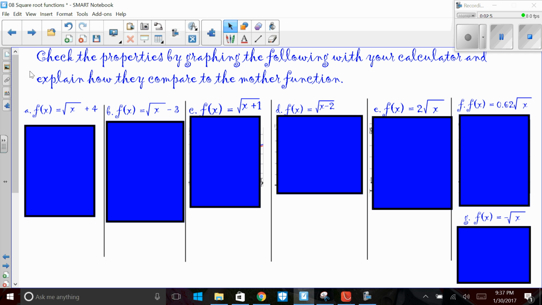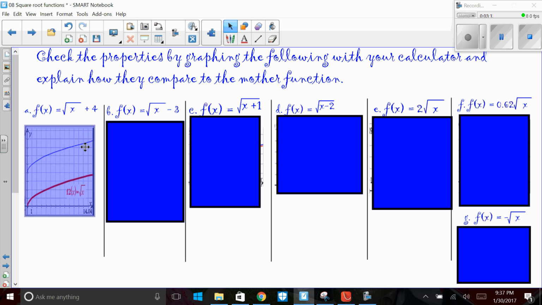If you know what the mother function looks like, y equal to square root of x, then you should know what y equal to square root of x plus 4 looks like. If you're adding a positive number, 4 in this case, to the function, you're increasing the y by 4, so your graph will shift up 4.